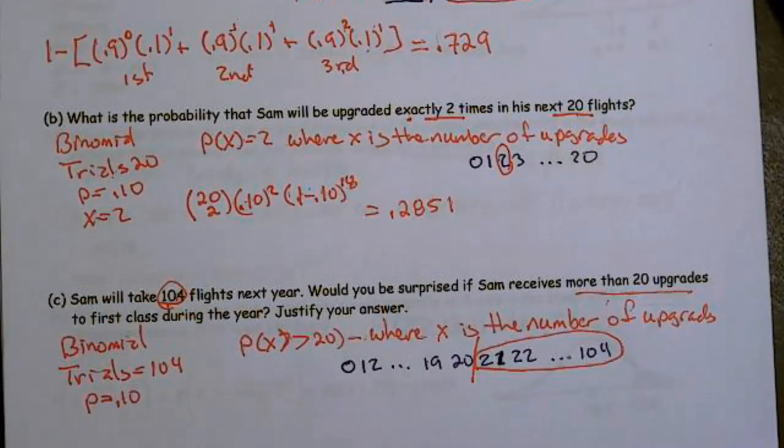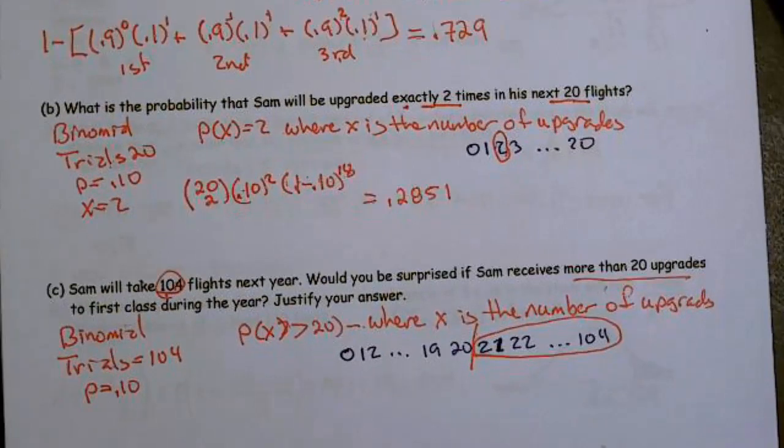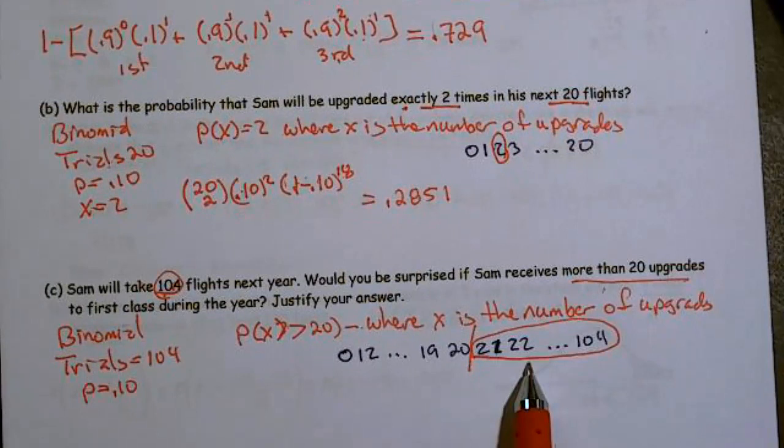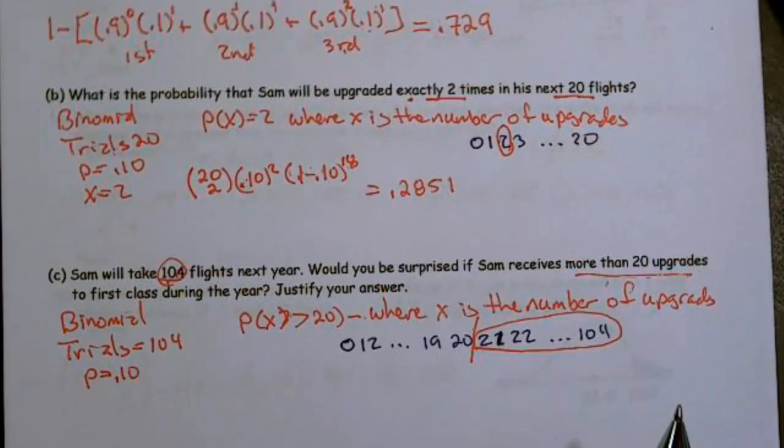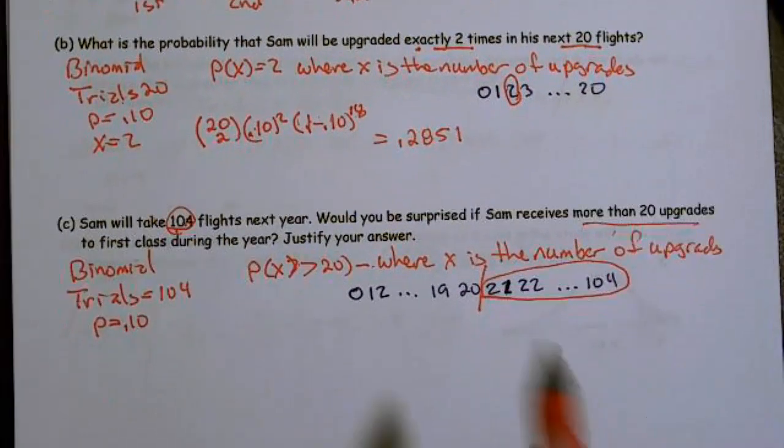Well, there's no way I'm going to show all of those PDFs, but we know we're going to be working with a CDF because we have more than one value. So here's my work shown.